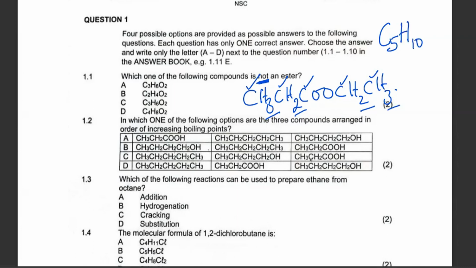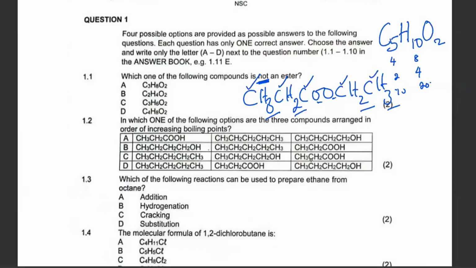And then how many oxygens? Oxygens are 2. You see, if this is 4, this must be 8. If this is 2, this must be 4. You understand? If this is 10, then this must be 20.